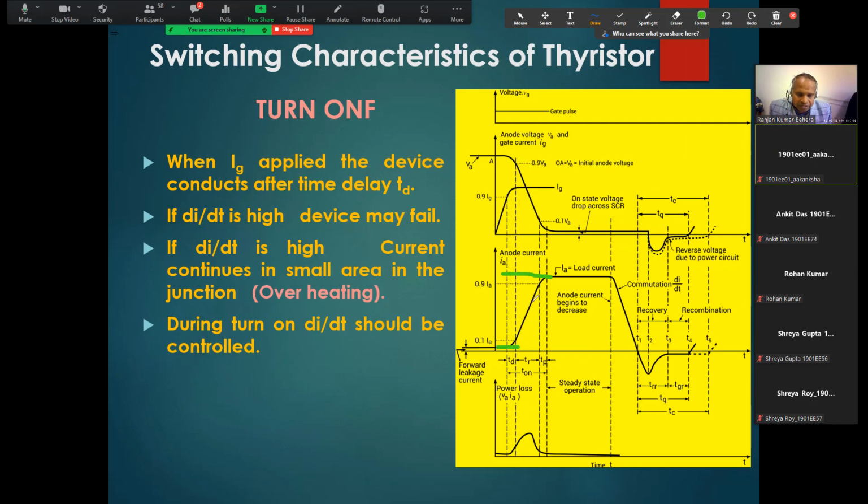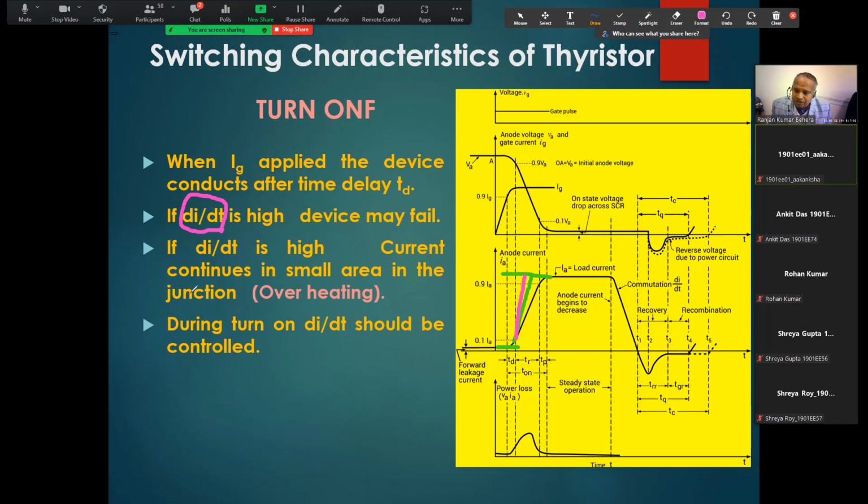This current path may go like this, or like this, or also like this. So the current change is very large, and that is what is called di by dt, the rate of change of the current.